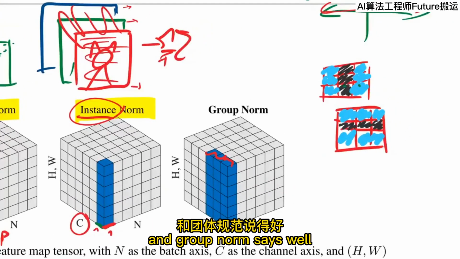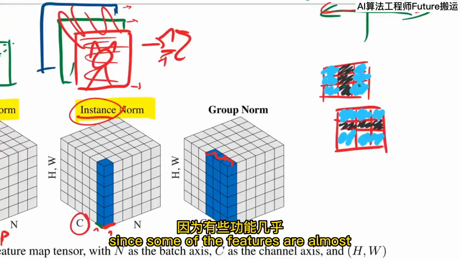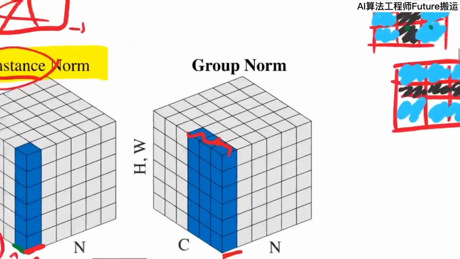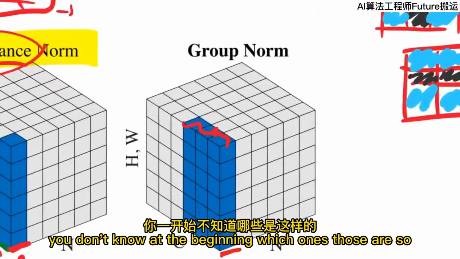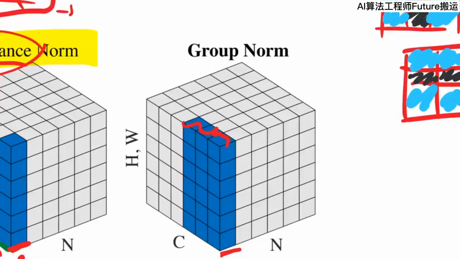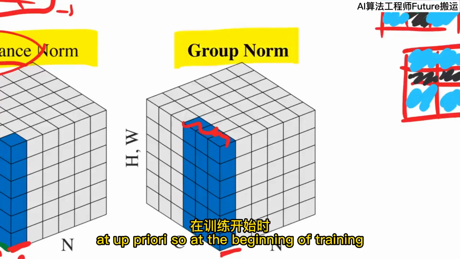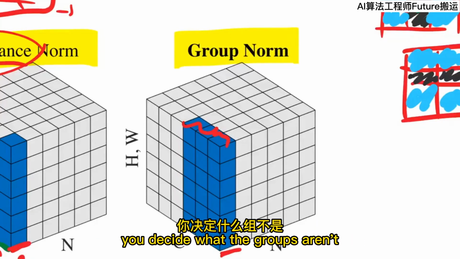And group norm says, well, since some of the features are almost guaranteed to behave the same, we could normalize across those. Now, of course, you don't know at the beginning which ones those are. But you hope that by doing group norm, a priori, so at the beginning of training, you decide what the groups are.